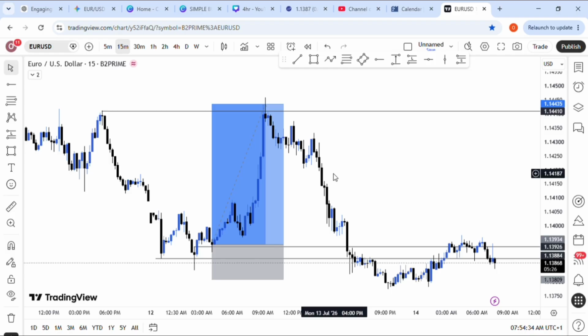You understand? So I'll give this particular setup at least an 80% win rate, which means if you have traded it 100 times, you're going to win 80 times and you're going to lose only 20 times. Do you understand? This is called candle range theory.